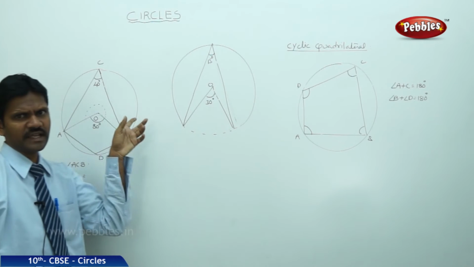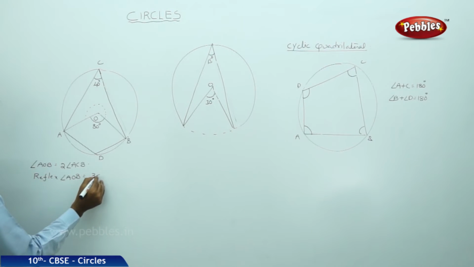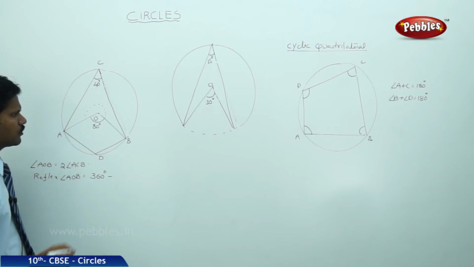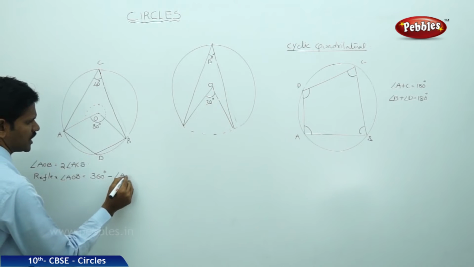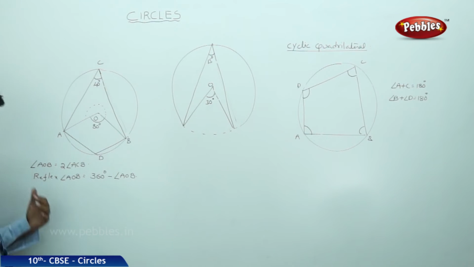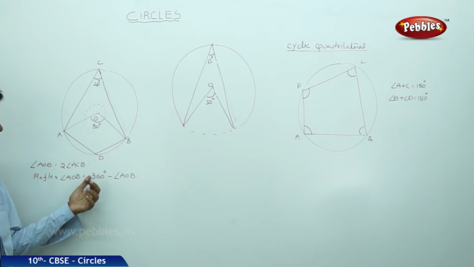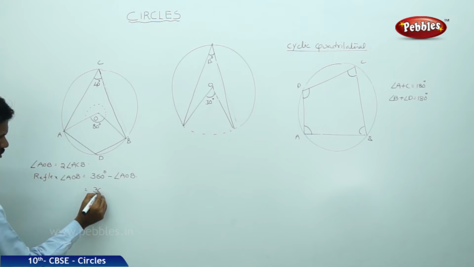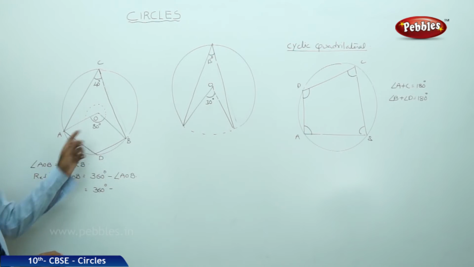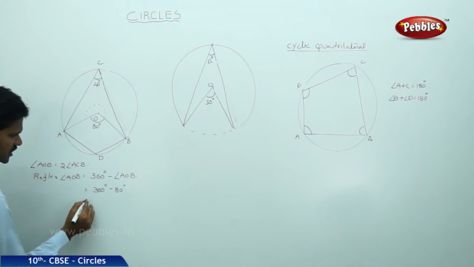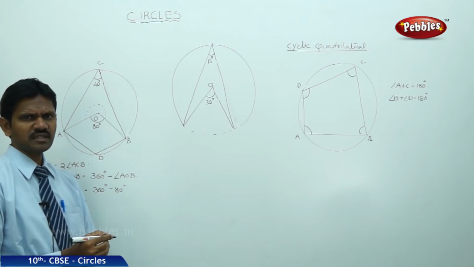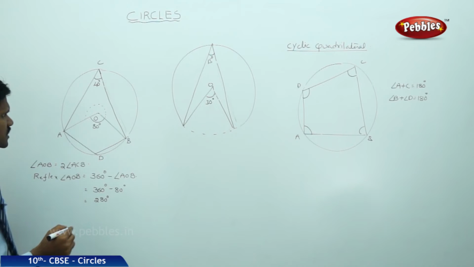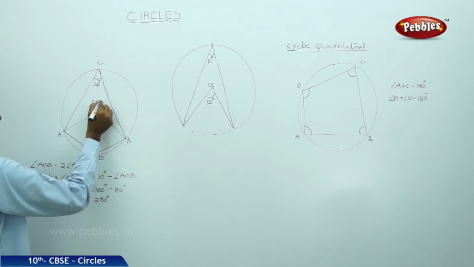How to find the reflex angle AOB? We know very well, the angle at the center of a circle is 360 degrees. So reflex angle AOB is equal to 360 minus angle AOB, that is 360 minus 80, that is 280 degrees.